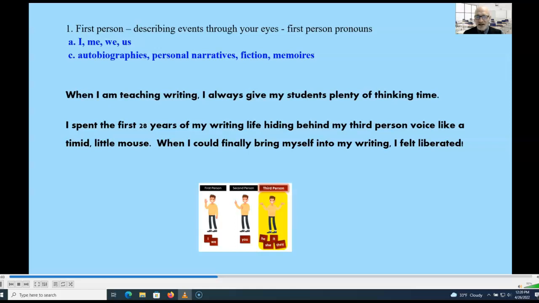I spent the first 28 years of my writing life hiding behind my third-person voice like a timid little mouse. When I could finally bring myself into my writing, I felt liberated through my eyes. That's the first person. And as I intimated earlier, beginning writers should use the first person narrative to describe their experiences and events as they are learning to describe things.